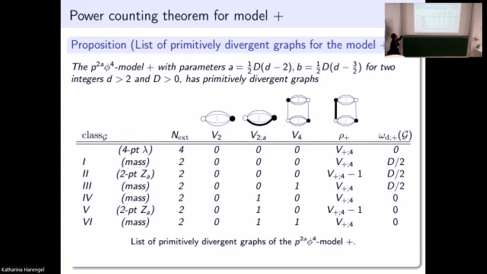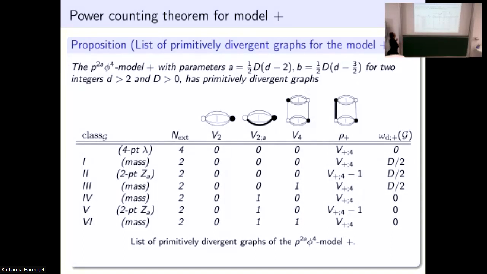And V2 is the number of this kind of interaction bubbles in your graph. V4 is the more traditional phi-4 one, and then V plus 4 is the one with enhanced phi-4 interactions. And rho plus is the number of enhanced phi-4 interaction bubbles which have edges that go through internal faces where we sum over momenta.